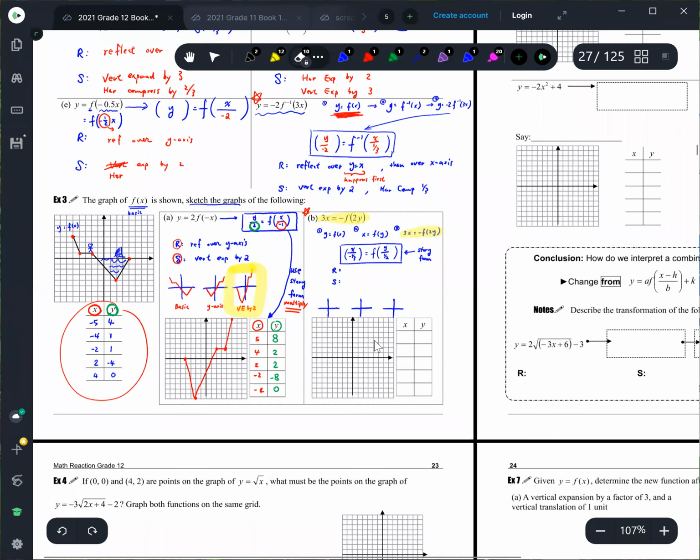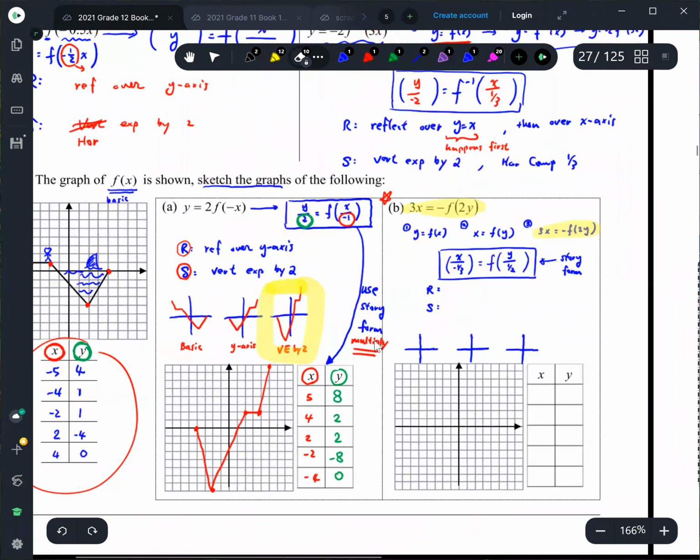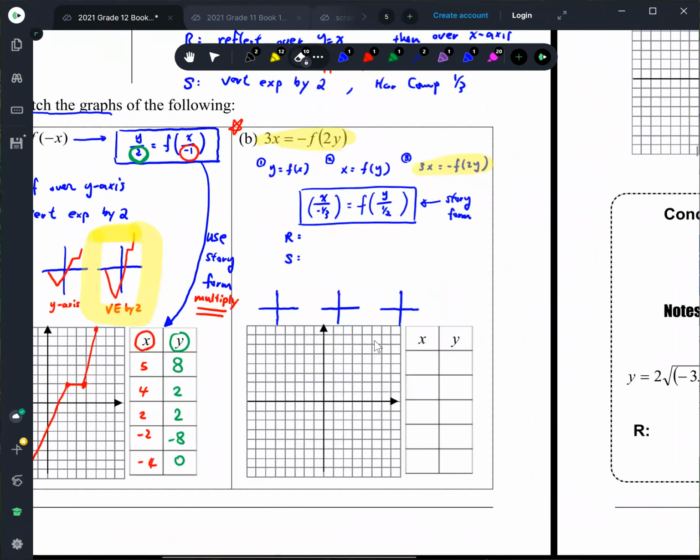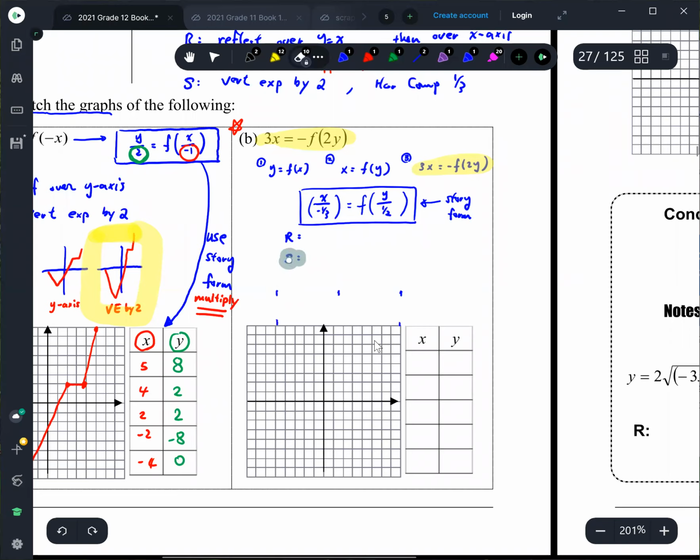Please raise your hand when you finish writing the R and S. If you are running out of space, you can put the R here, S here, and then put your comic down here. That could also work.